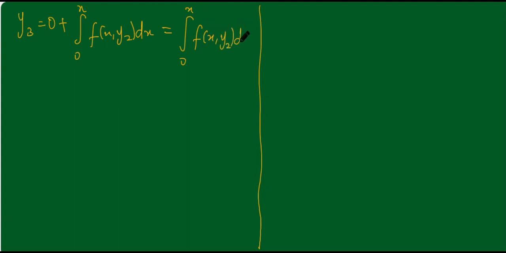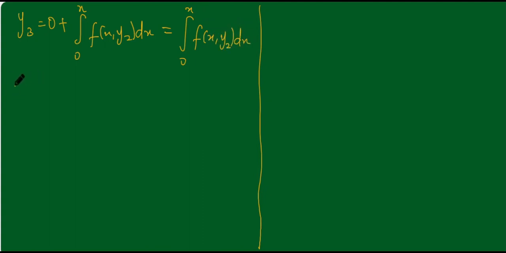So our y3 will be equal to 0 plus the integral between 0 and x of f(x, y2) dx.